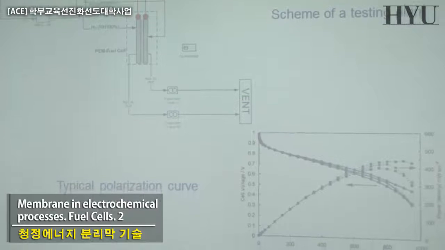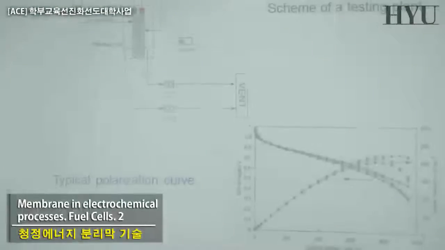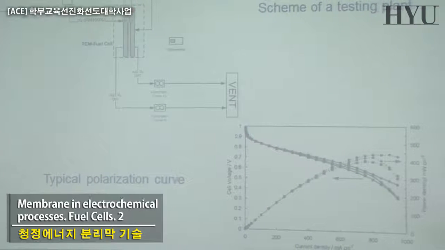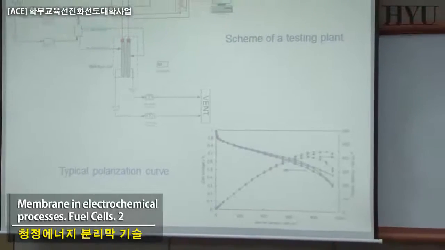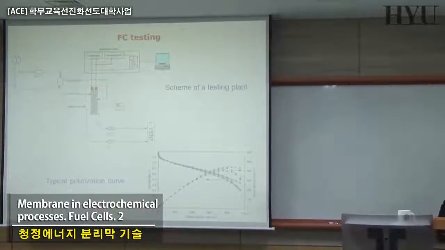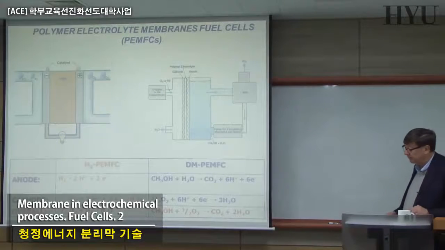Remember that polarization is complicated, not easy to handle, and has nothing to do in principle with the chemistry of the membranes. It can completely kill your system and bring it to very low voltage if you don't know how to control it. So not only good membranes, but good design of your system has to be done.